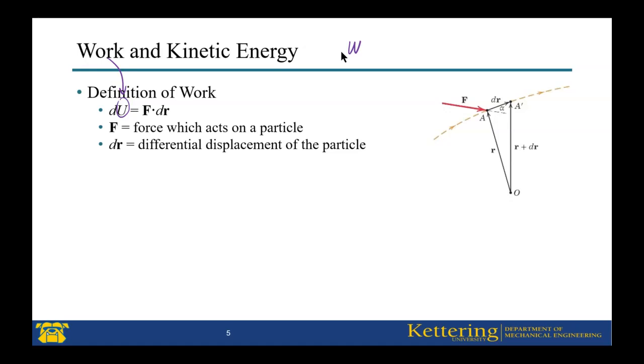Now, the amount of work that is done by the force F, that causes this particle to move from A to A prime with the differential displacement dr, can be found from this equation: dU, differential work, equals F dot dr. You will see that F is a vector.